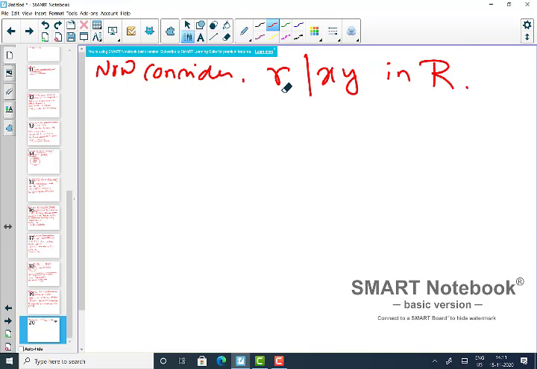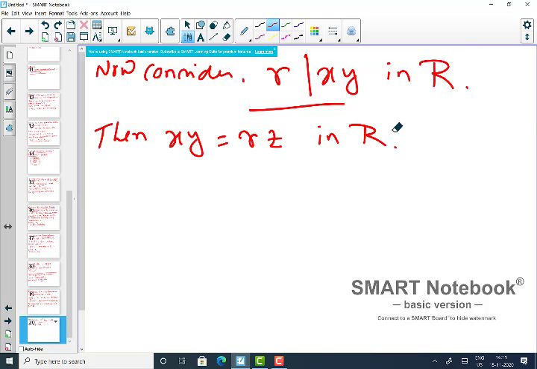I have to prove that either r divides x or r divides y, and then I am done. So this is given. Then you can write xy as r times some z in R. This is the definition of divisibility.